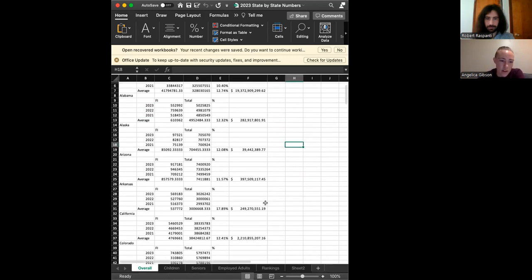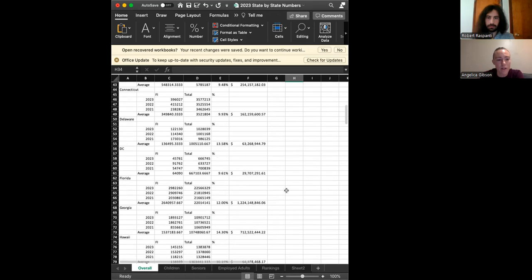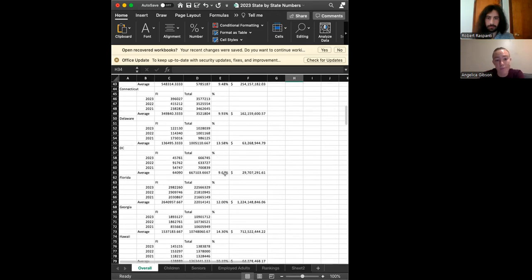Like we were just talking about, California has plenty of people there, so we don't have to worry about the sample size. If you look at the trends for California, it's a very clear, steady increase. But if we go to somewhere like DC, that's where you see a variation.